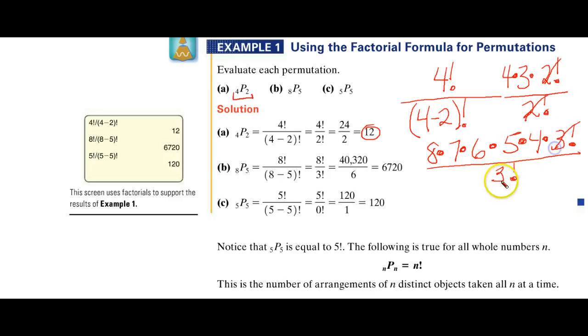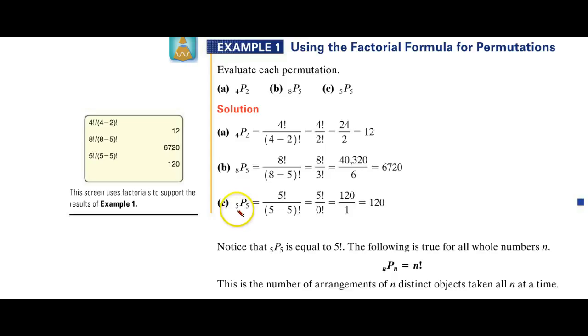So these can just cancel out, and it would just be this. Or you could have done the 8 factorial and the 3 factorial, which is 6, and 6 into that would have given you this. But this method gives you this answer directly. So a little something. Let me clear it for the next example.